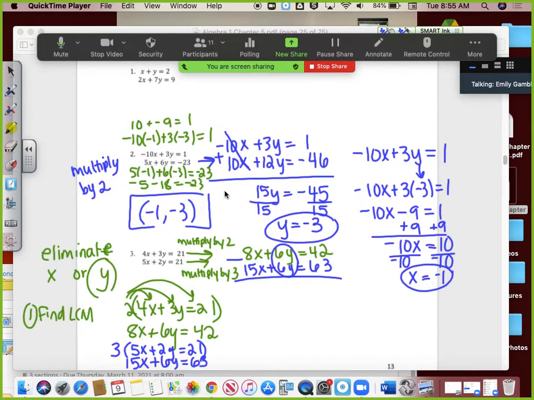So at this point, what I want you guys to do is go ahead and try this. Take a couple of seconds, try and eliminate the y's by subtracting. Make sure you're doing the top number minus the bottom number.